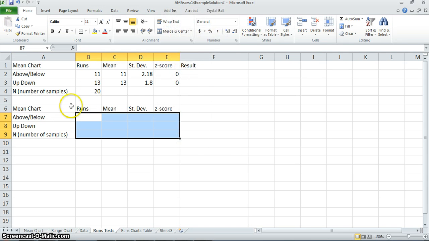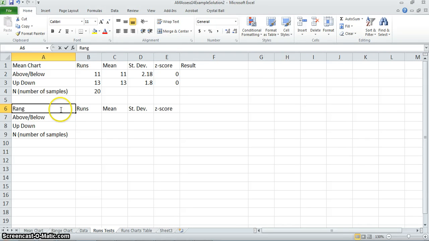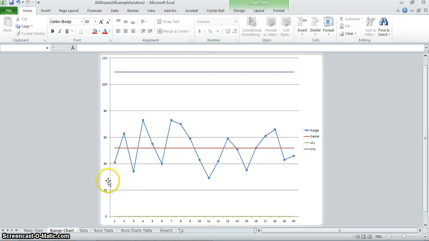Let's look a little bit more quickly at the range chart, and then we'll talk about the rule for evaluating the z-scores. On the range chart, in terms of runs above and below the center line, we have 1, 2, 3, 4, 5, 6, 7, 8, 9, 10, 11.